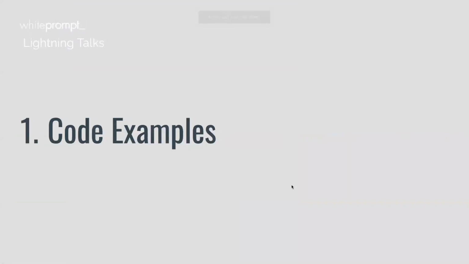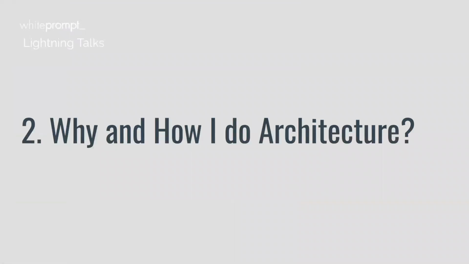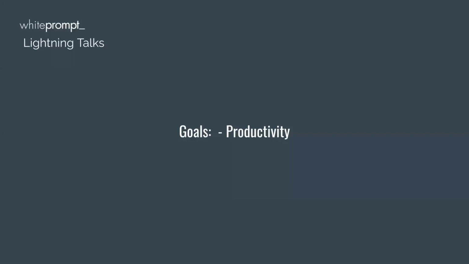Now, let's go a bit to the second part. This is going to be really quick. So the theoretical part: why and how I do architecture and why and how I did Redux MVC. First, I always have a goal of productivity, and I'm going to tell you how I got from this goal to the actual Redux MVC implementation.